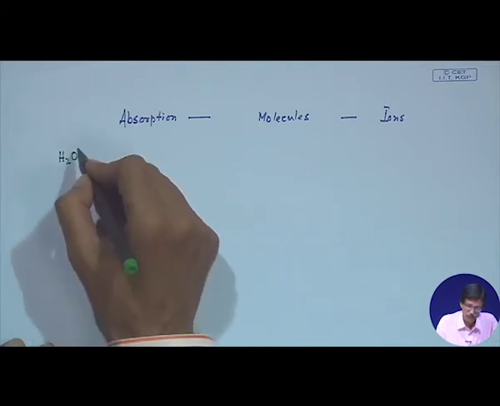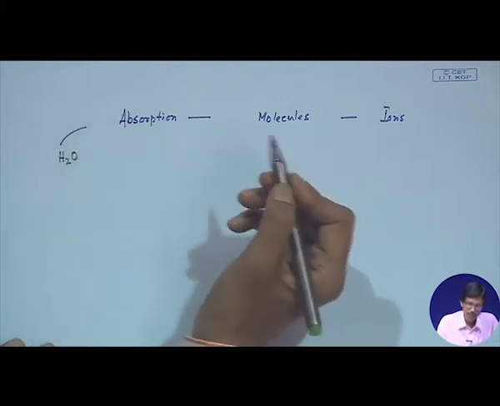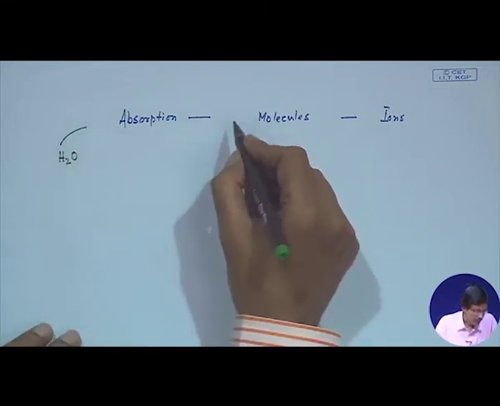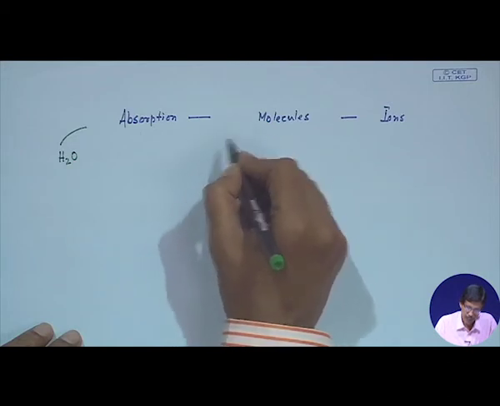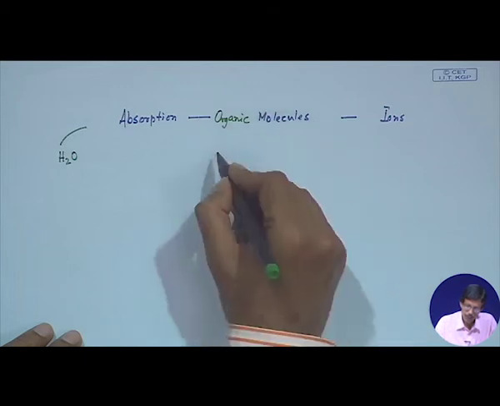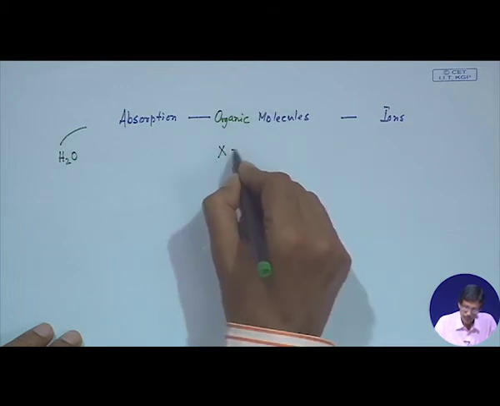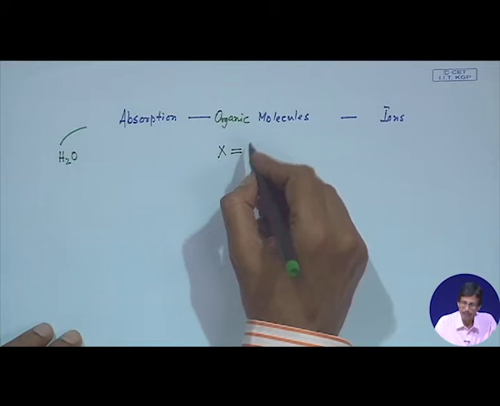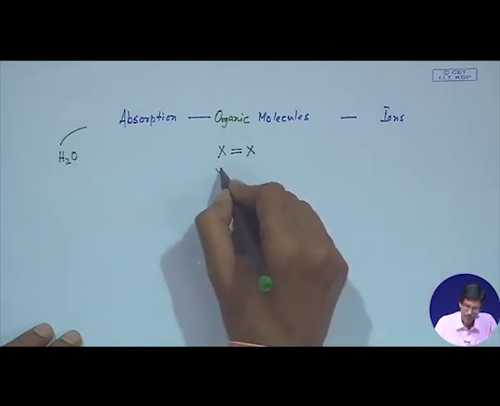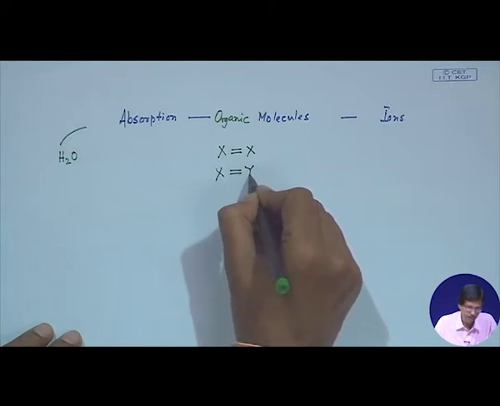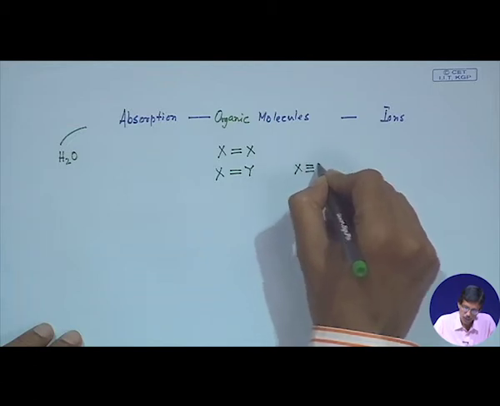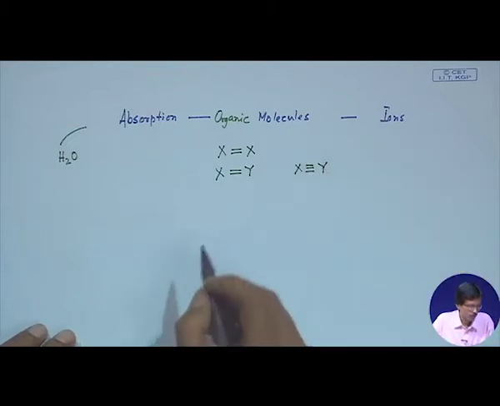So, what will be its corresponding electronic absorption? The electronic absorption of this water molecule or any other organic molecule. If we consider any other organic molecule, we all know that a center, it can be carbon, is bound to another carbon which is X. Similarly, X can also be bound to Y, or your X can be bound to Y with a triple bond.